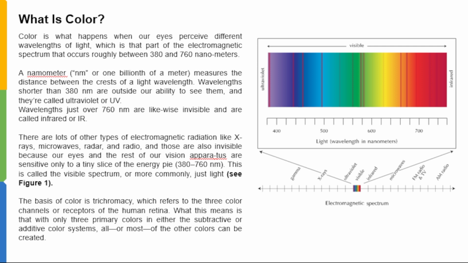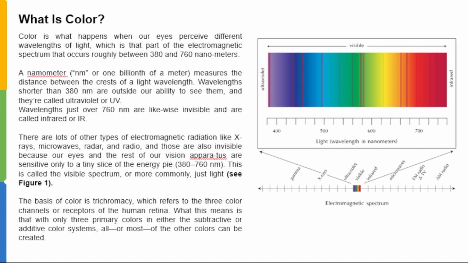Wavelengths shorter than 380 nanometers are outside our ability to see them, and they are called ultraviolet or UV. Wavelengths just over 760 nanometers are likewise invisible, and are called infrared or IR.